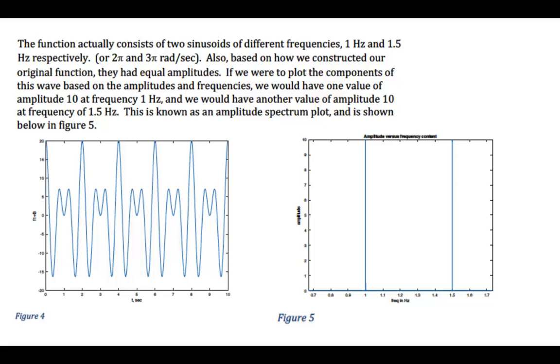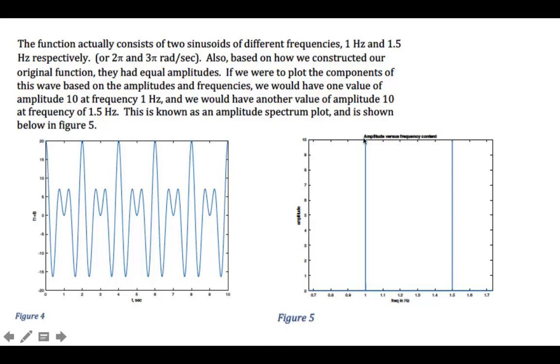There's another way to look at this that's kind of interesting, and that is to look at its frequency content. In this case, I'm plotting the amplitude of each cosine function that makes up this wave versus frequency.